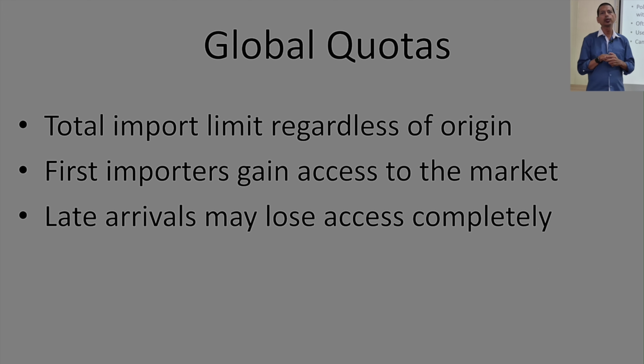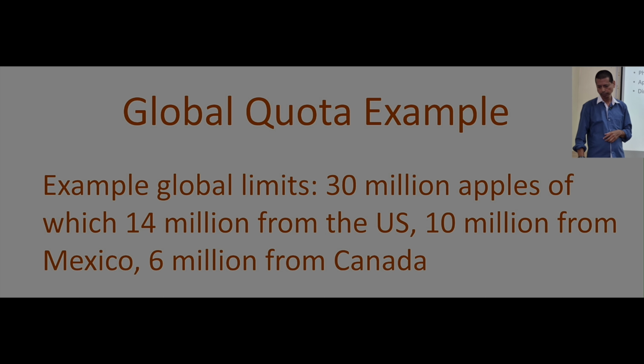There are 2 main types of quotas: global quotas and selective quotas. A global quota limits the total amount imported regardless of where the products come from. For example, a country might allow 30 million apples to be imported per year from any country.